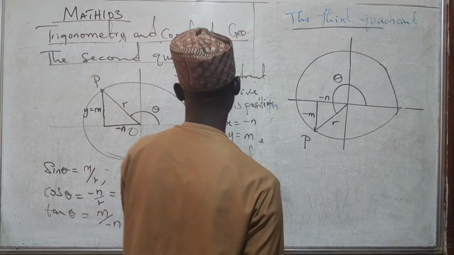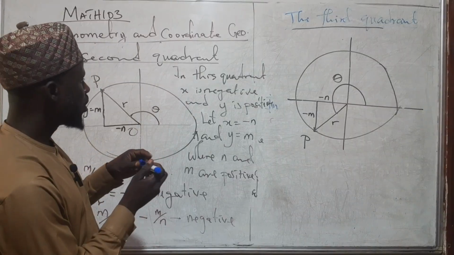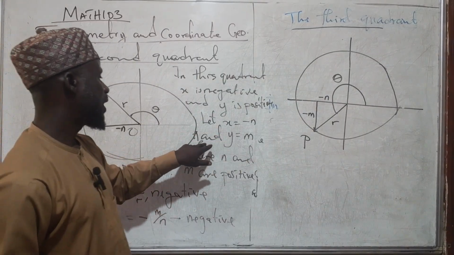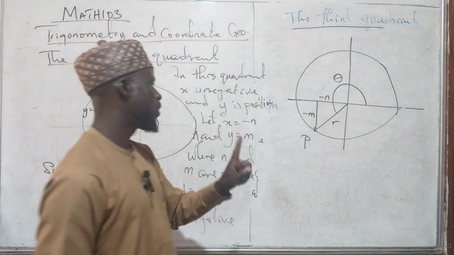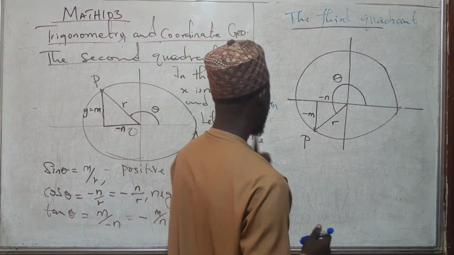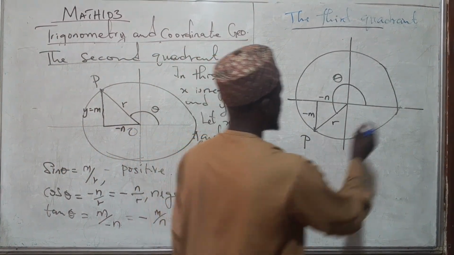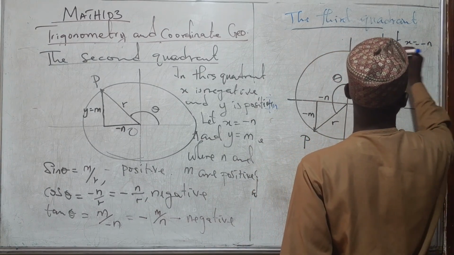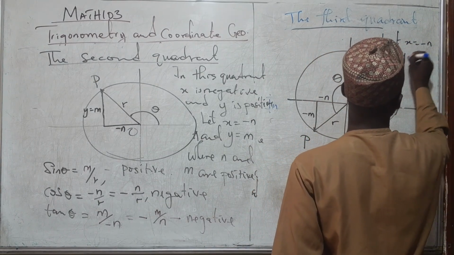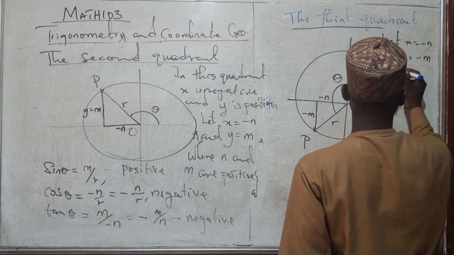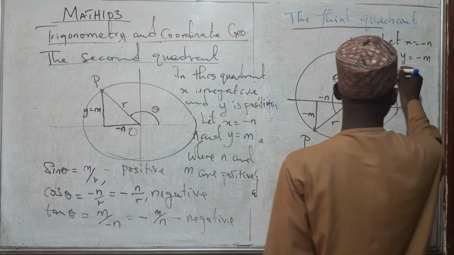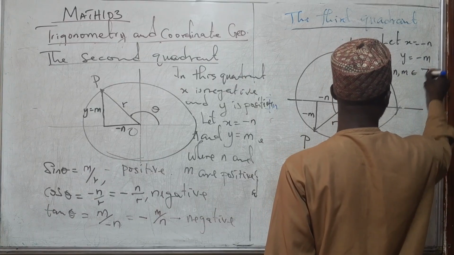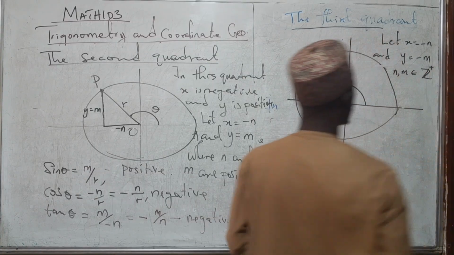So as in the second quadrant, let x be equal to minus n and y to be equal to minus m, where n and m are belonging to the positive sets.